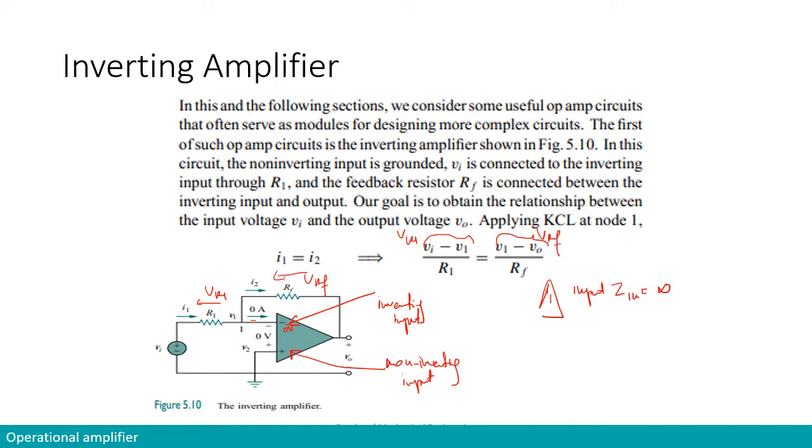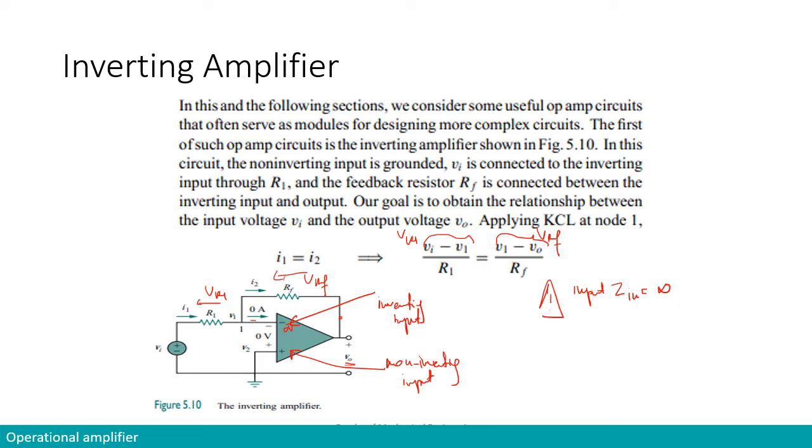VRF is the potential difference between this point 1 and the point at the output, so it is V1 minus V0, where V0 is the output signal.